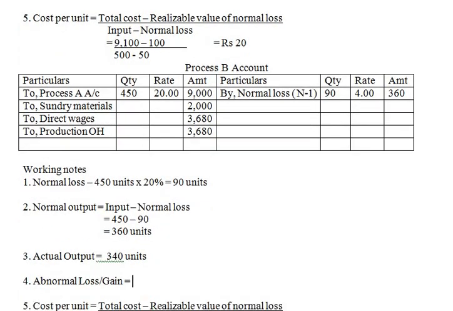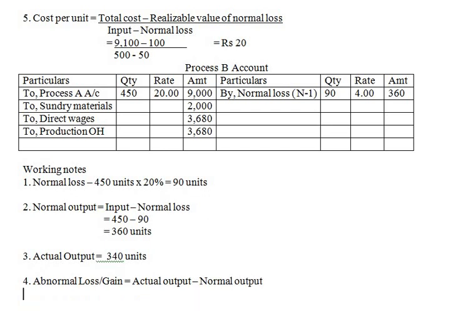Now abnormal loss or gain formula is actual output minus normal output, which will be equal to, actual output as per the problem, 340 units, minus normal output as per our second working note, 360 units.